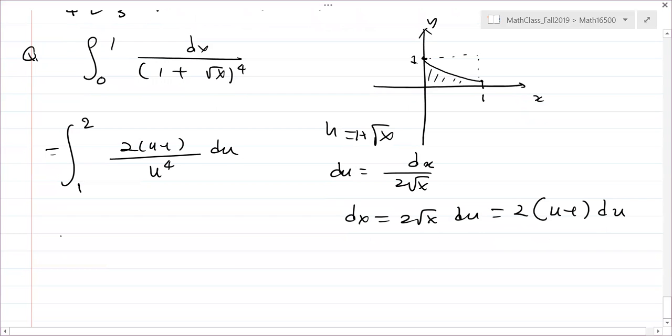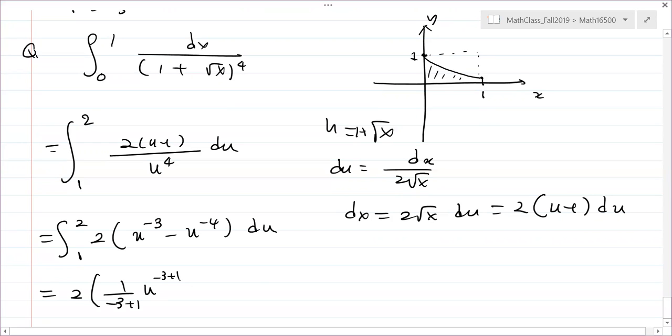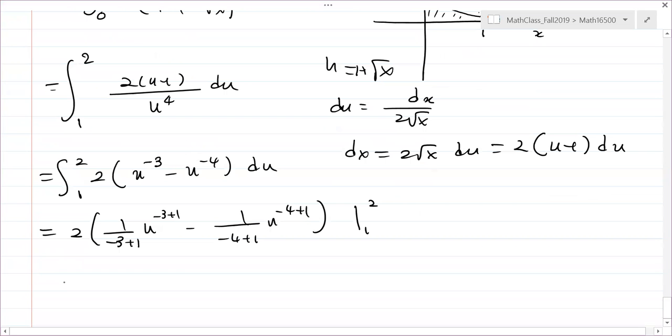Then we should express it as a sum of power functions. Then you find the antiderivative of this function. It's going to be u to the negative 3 plus 1 over negative 3 plus 1, right? All right, so let's simplify a little bit.